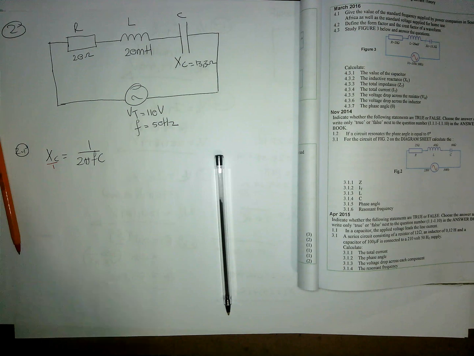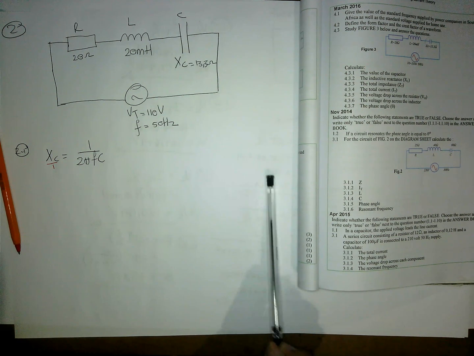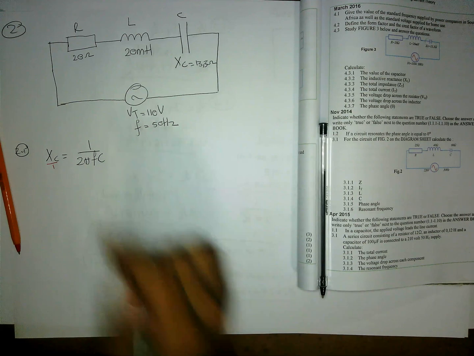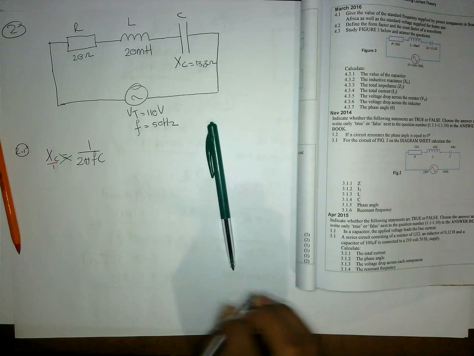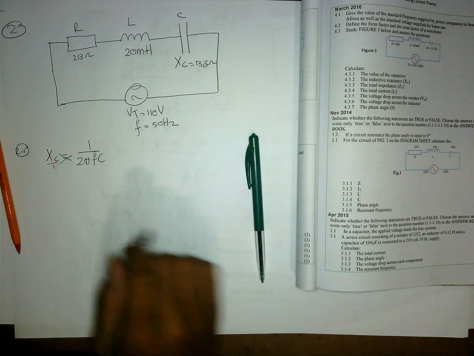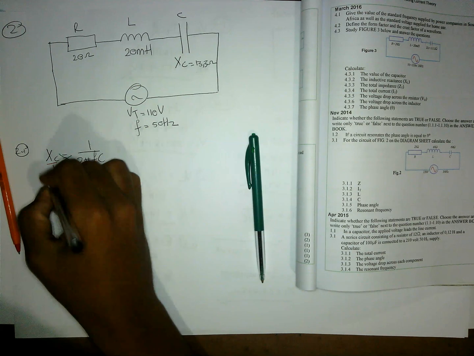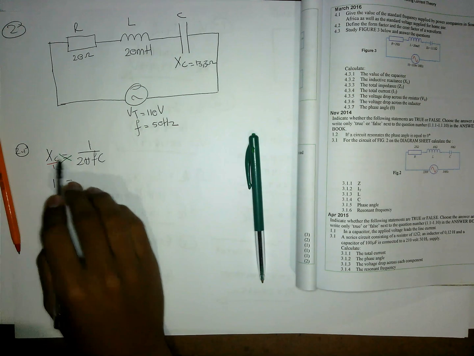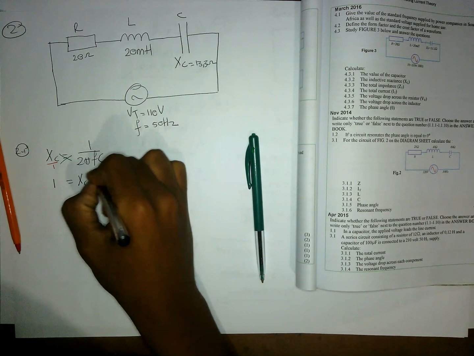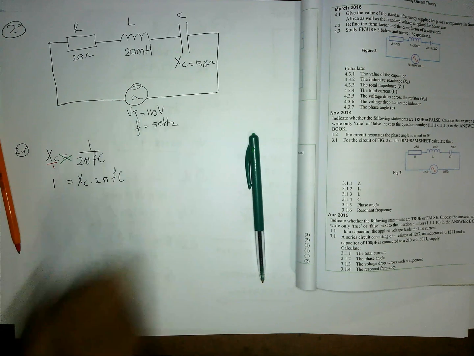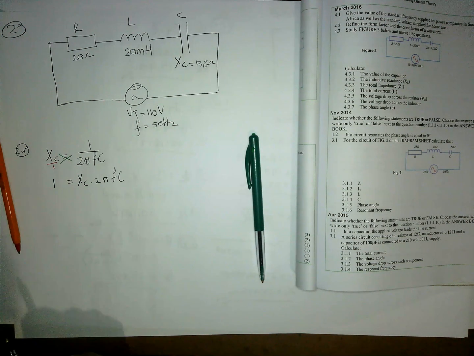Cross multiply, right? So the 1 times the 1, we're gonna have 1 on one side. Xc times 2 pi Fc is gonna leave us with Xc 2 pi Fc. We are still together, right? Just cross multiplying.